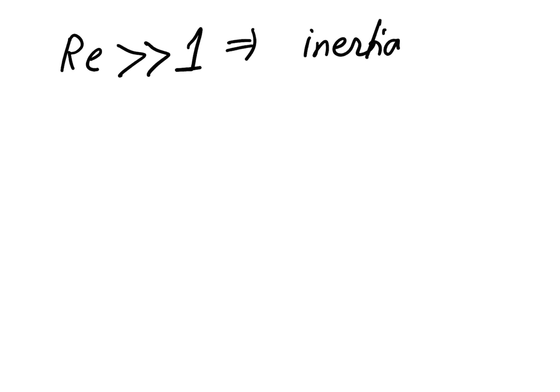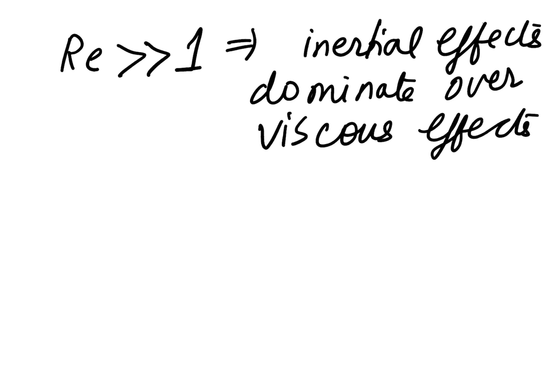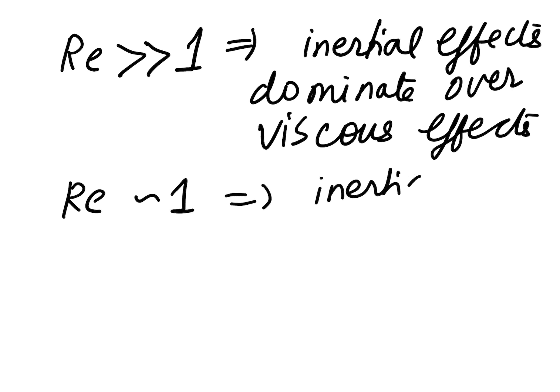If Reynolds number is, on the other hand, much more than 1, this implies inertial effects dominate over viscous effects. A Reynolds number that is closer to 1 represents inertial and viscous effects that are equally important.